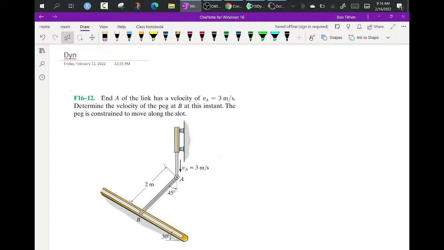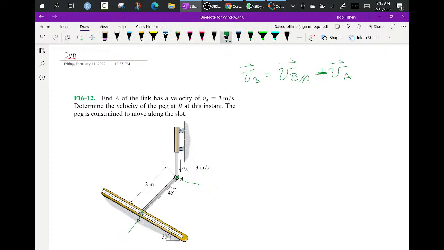Okay, so this one is actually a little easier because you only have to deal with one link here. And on that link, you have the location A and you have the location B. So it doesn't matter which link you want to do.